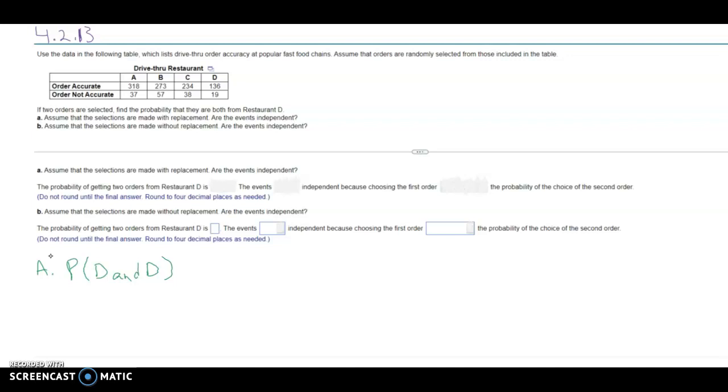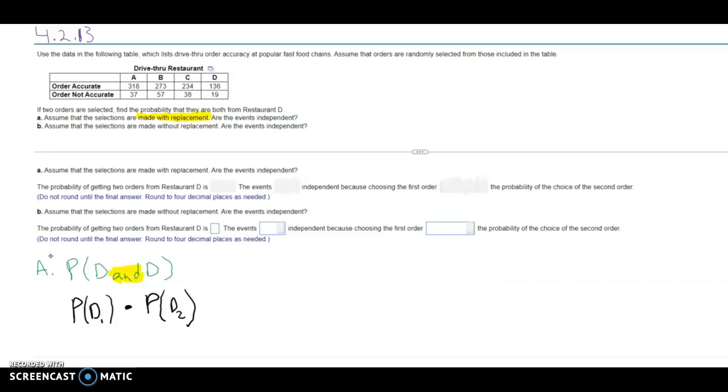When I see the word and, we learned from our notes that that means I'm going to be multiplying probabilities. So I'm going to multiply the probability that the first order is from restaurant D, by the probability that the second order is from restaurant D. Some important words from our wording of question A. It says the selections are made with replacement.